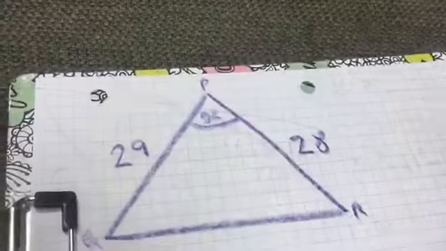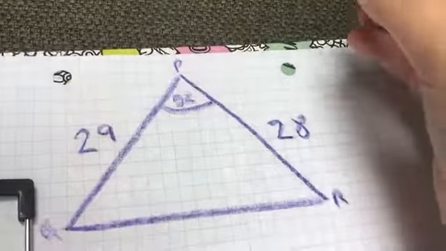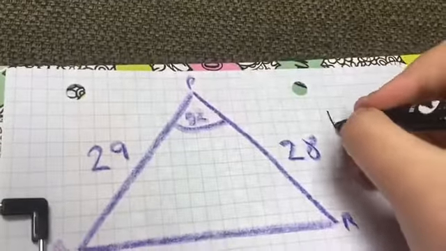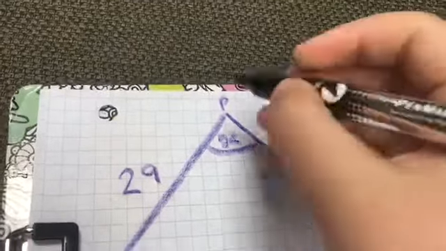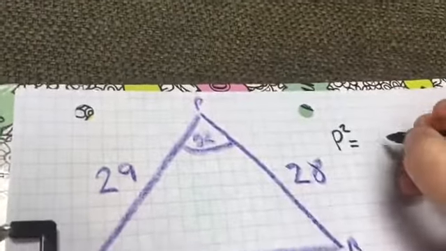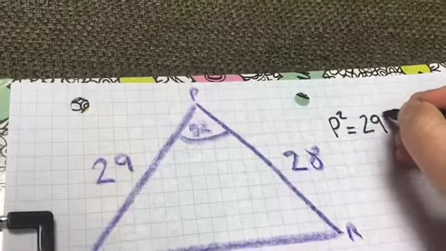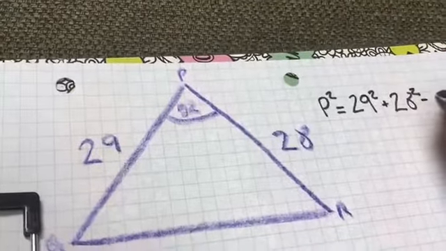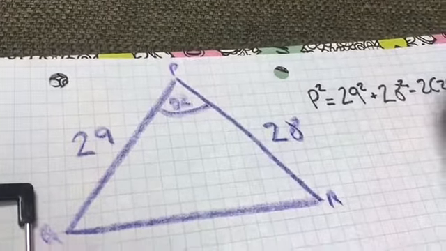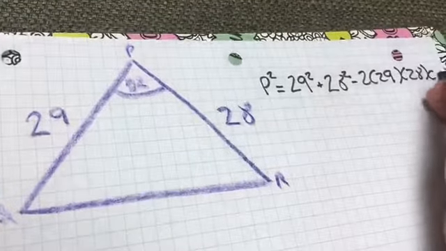So now we're basically going to use the two methods we did before and use them together. We're going to have our p squared, because we're going to be doing this angle here, and then our 29 squared plus our 28 squared minus 2, 29, 28 with a cos of 52.